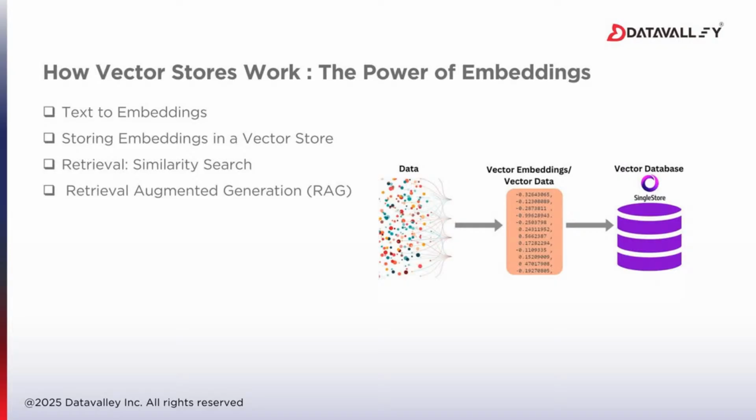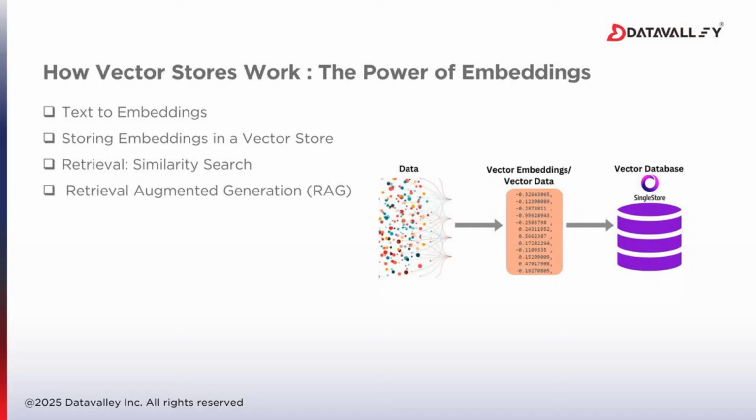So the first thing the agent does is take your question and convert it into embeddings using an embedding model. We have many models to convert these embeddings. Then the AI agent actively looks for relevant information in this long term memory, that is the vector store, and retrieves the similar search.